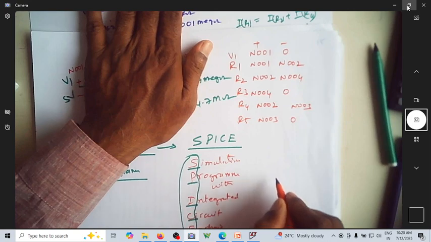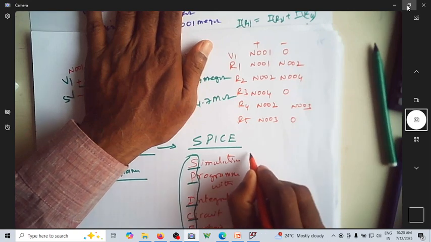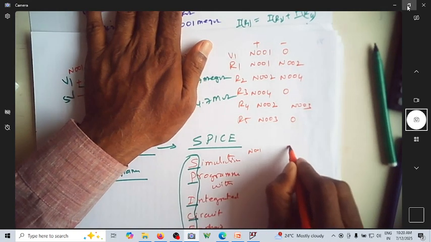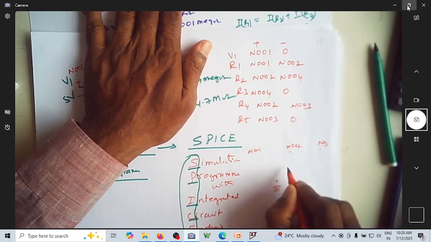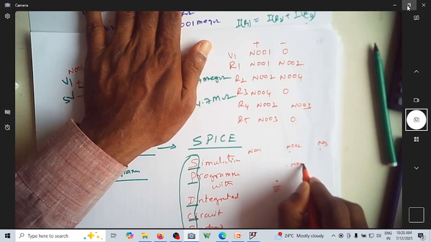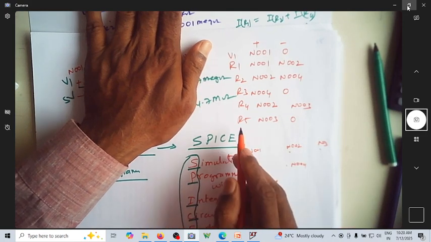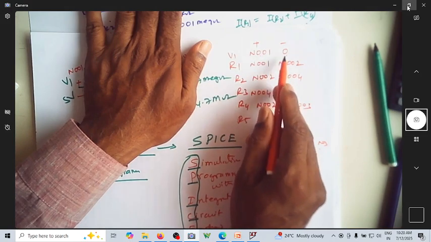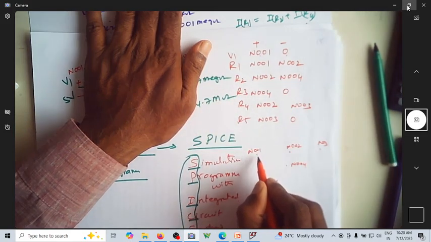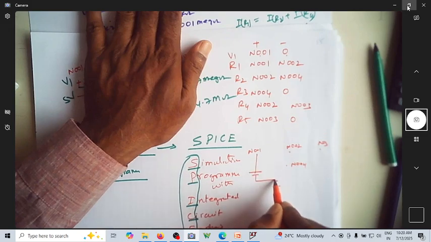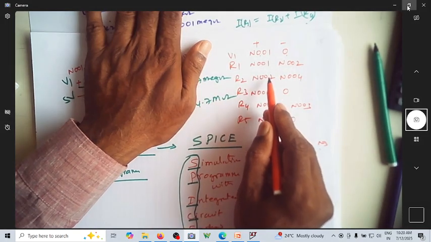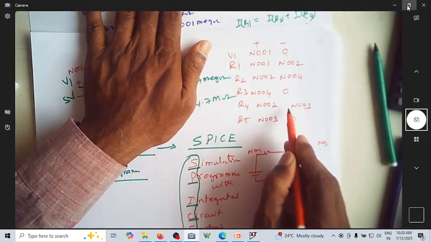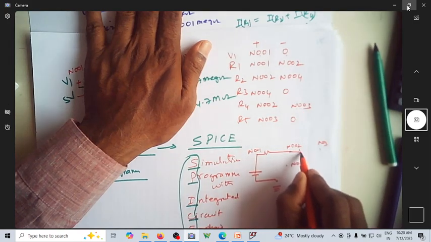So now you need to name the ground node. This is N001, this is N002, this is N003, this is N004. Between 1 and 0 you have a voltage supply. Between 1 and 2 you have R1. Between 2 and 3 you have R4.